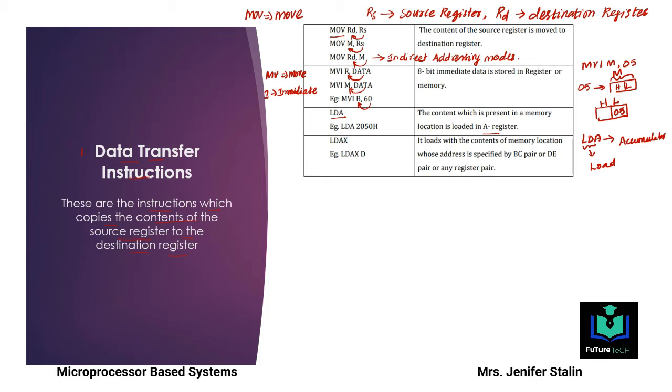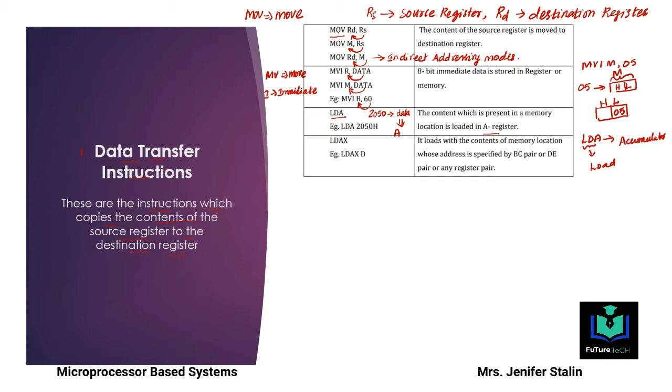Here 2050 is the address. That address points to a data or content, and that data will be loaded to the accumulator A.